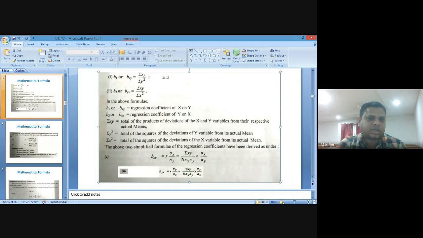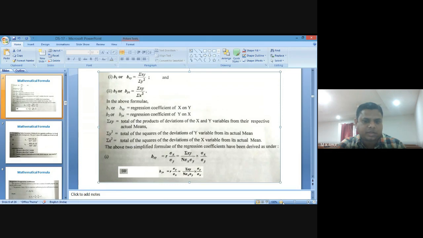Summation of xy stands for the total of the product of deviations of x and y variables, summation of y square is the total of squares of deviation of y variable from its actual mean, and summation of x square stands for the total of squares of deviation of the x variable from its actual mean.